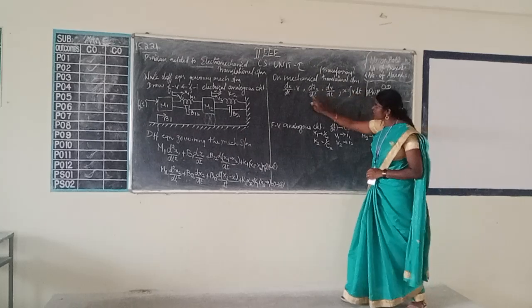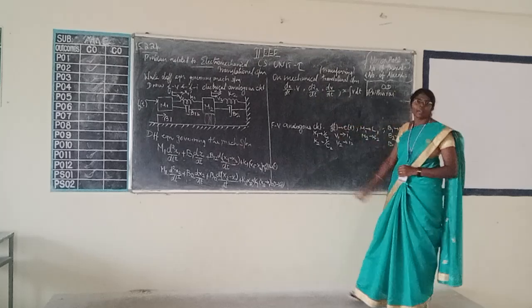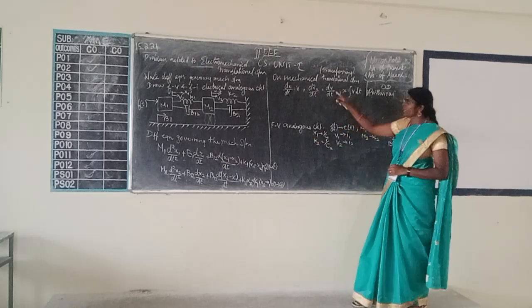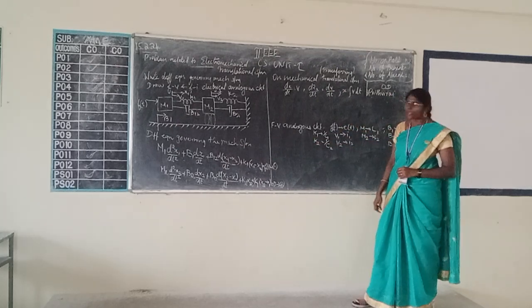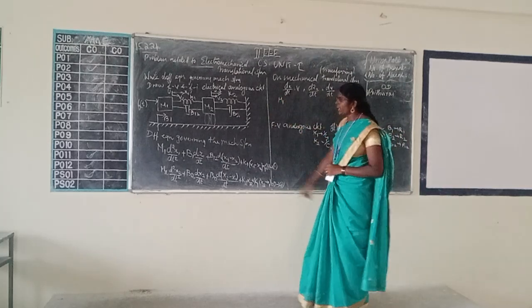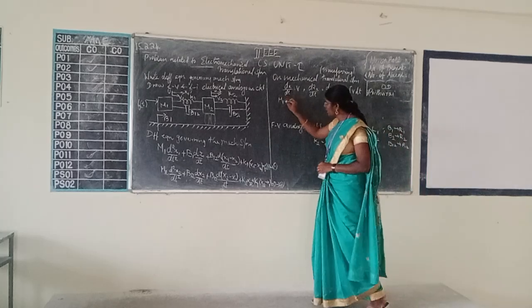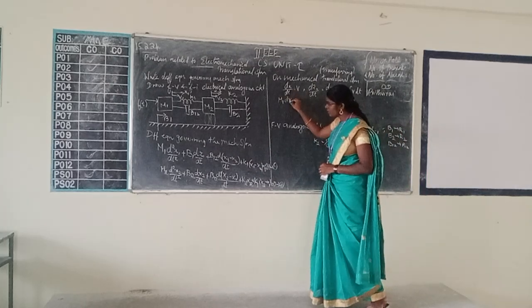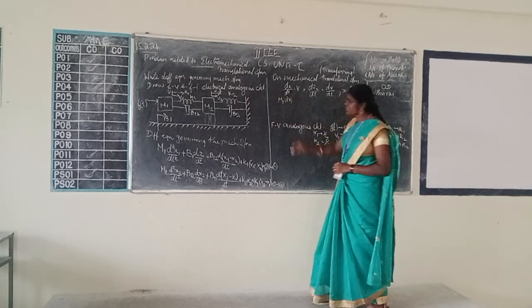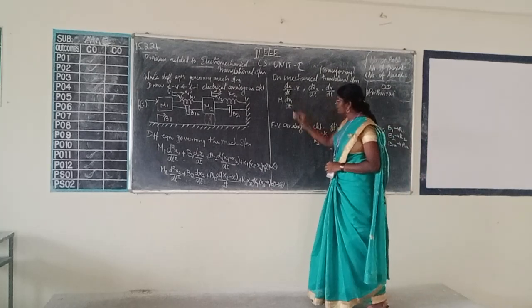The dx by dt is what? V. And d square x by dt square is what? dv by dt. So you have to replace the equation like this. Okay, how will we do that? That is mass M1, replace d square x by dt square. What you have to do? It is x1, right? x1 means it is dv1 by dt.